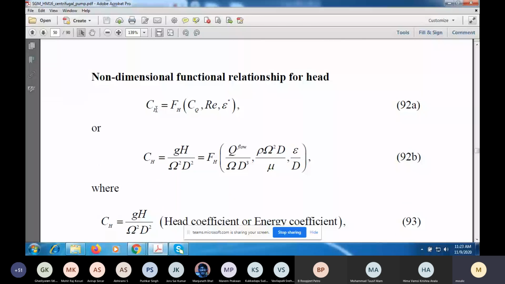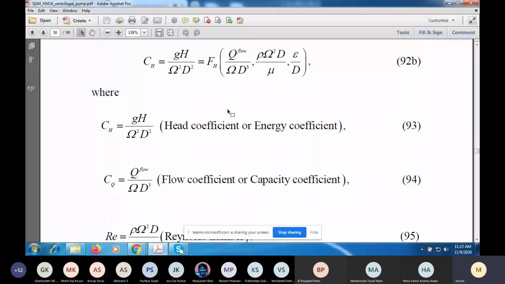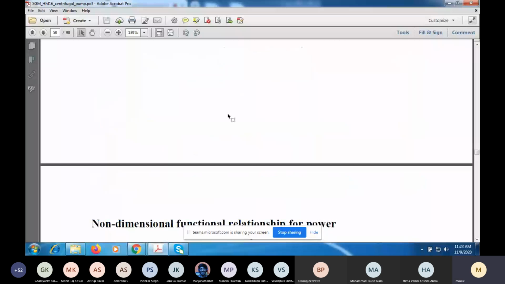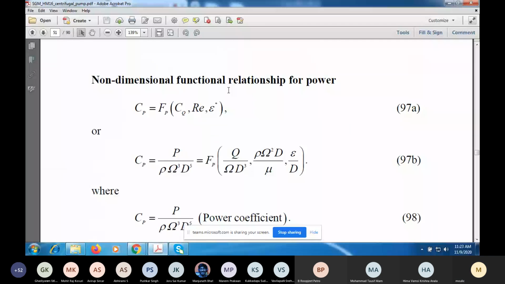I've written capital F H here because it's a non-dimensional functional form. So CH will depend on CQ as well as RE and epsilon star. Now likewise, you can look at the functional relationship for the power. Then the power coefficient will be another function which I'm calling capital F P of the same 3 quantities, CQ, RE and epsilon star.